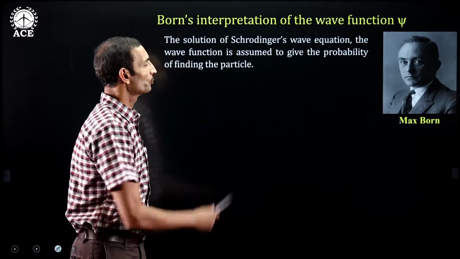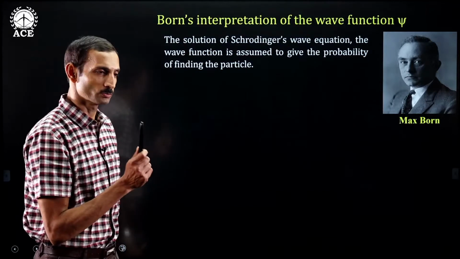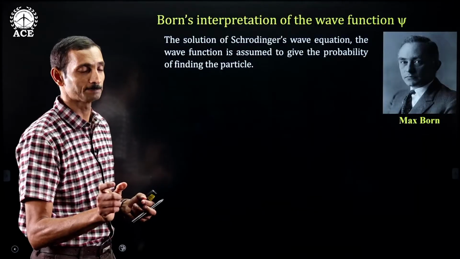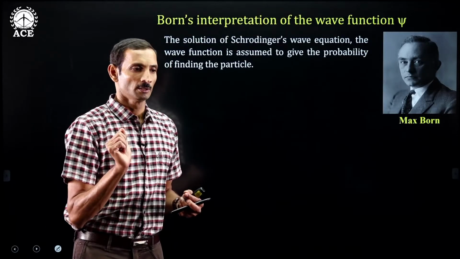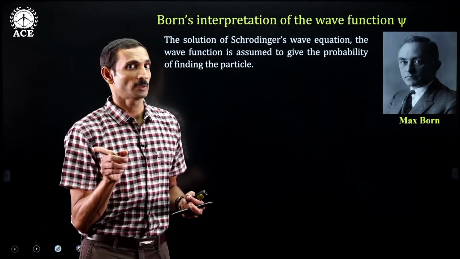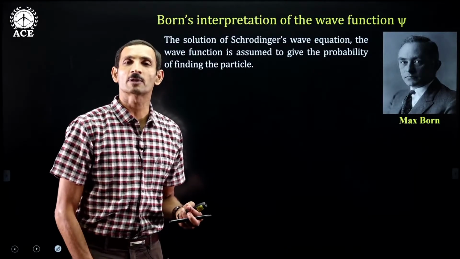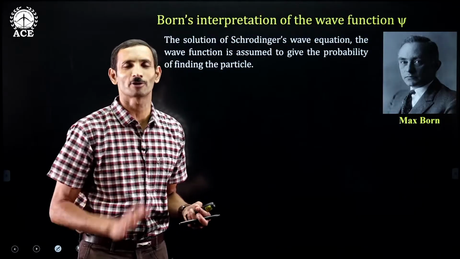Now here, the Schrodinger wave equation gives psi; the solution of that is going to give us the value of psi. This psi, according to Schrodinger, is the one that gives the probability of presence of a particle like an electron.